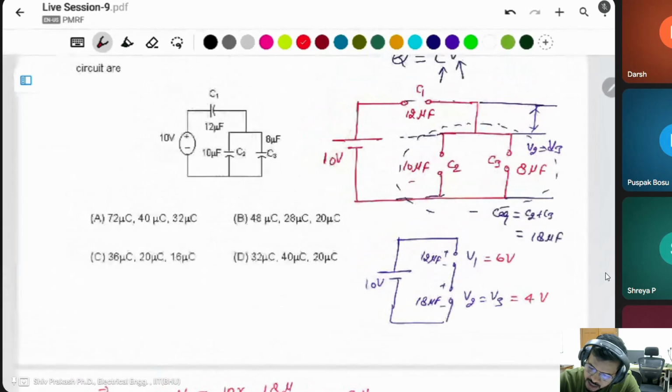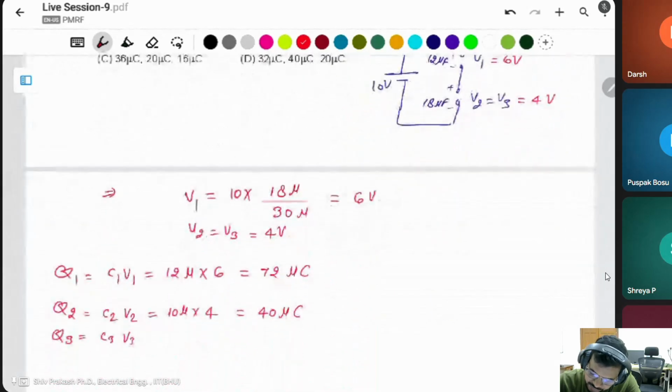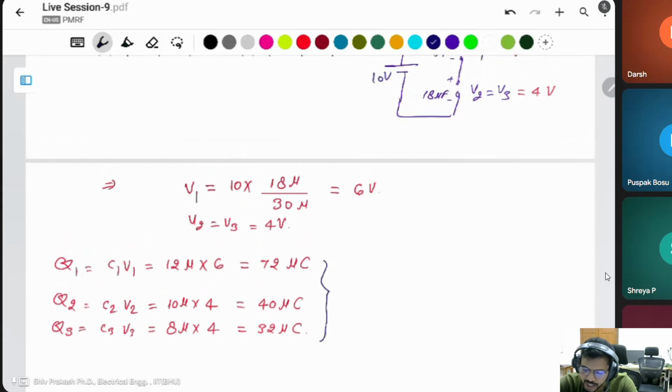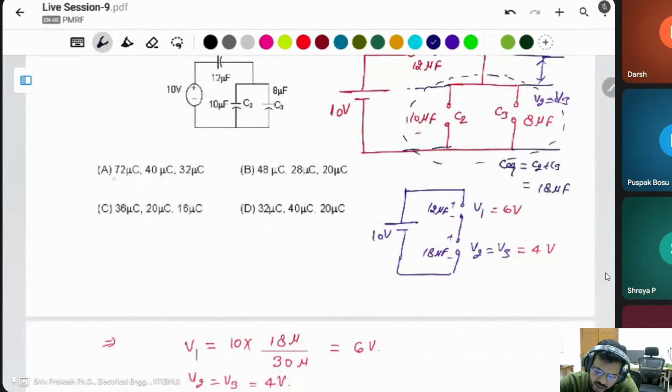Again C3 is 8 microfarad, and the voltage is the same as C2, which is 4. This will be 32 microcoulomb. 72, 40 and 32 is the answer.